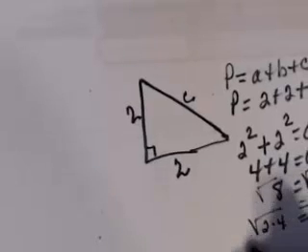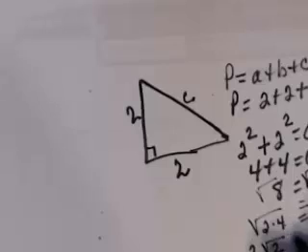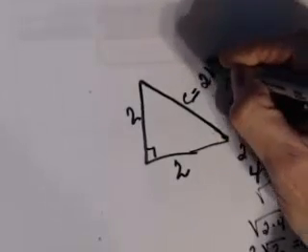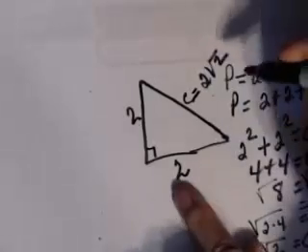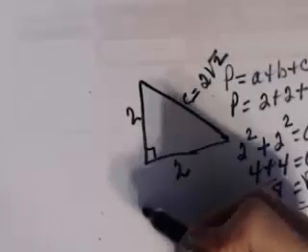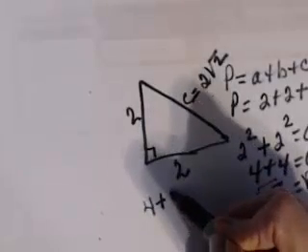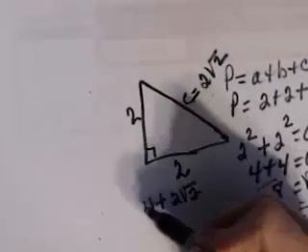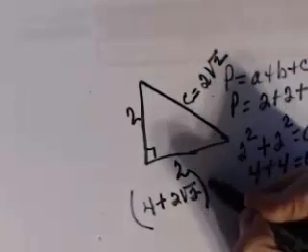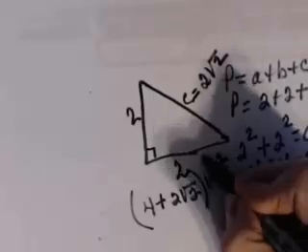The square root of 4 is 2, and this 2 remains inside. So the length of C is 2 radical 2. So when I'm looking for the perimeter, 2 plus 2 is 4 plus 2 radical 2. Then I put parentheses around that, and that would be in inches.